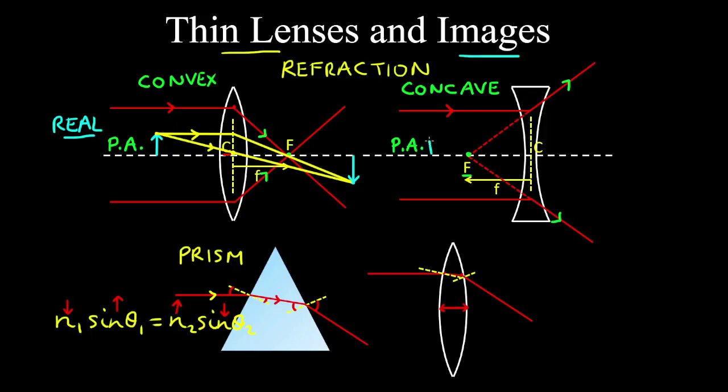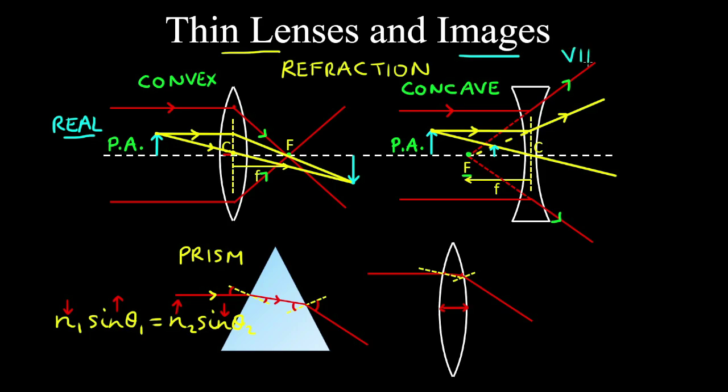Now suppose we had another object here and we took an incident ray along the principal axis going towards the concave lens. That's going to get refracted as follows. And then if we extend this ray through the focus, it looks something like this. And if we take another ray and pass it through the optical center, it doesn't get refracted, and therefore the image is formed on the incident side.